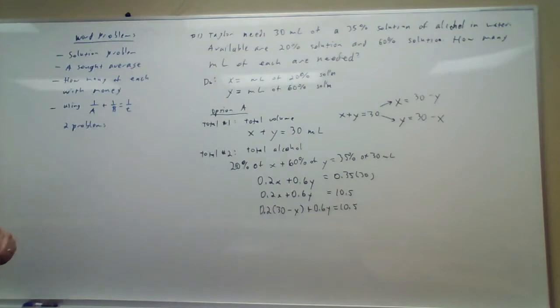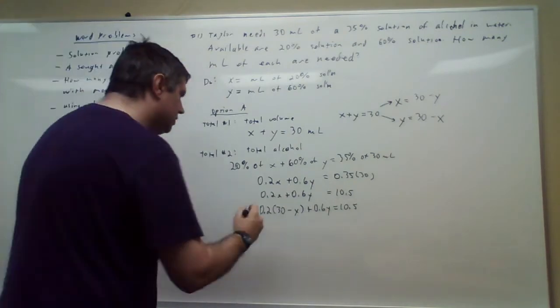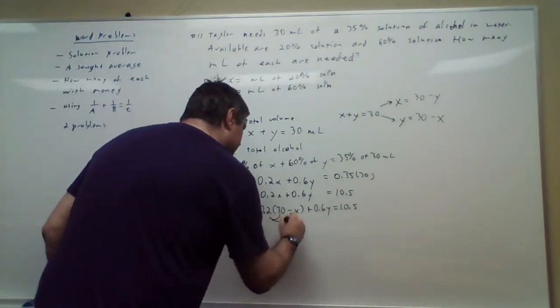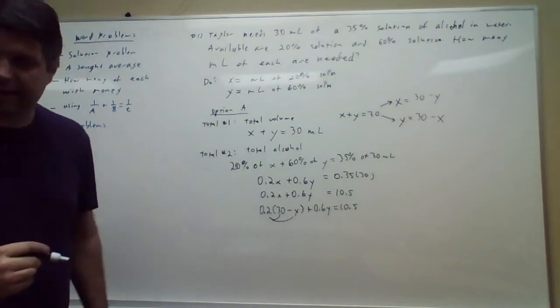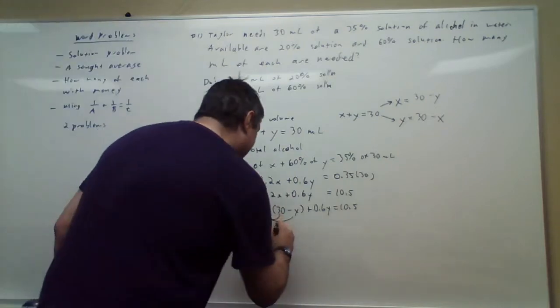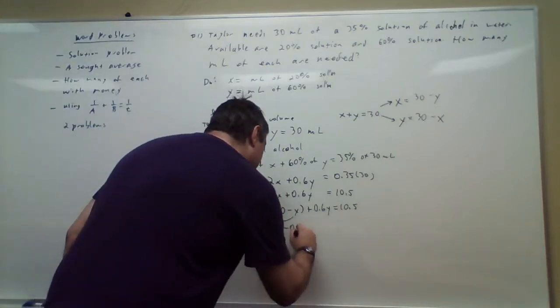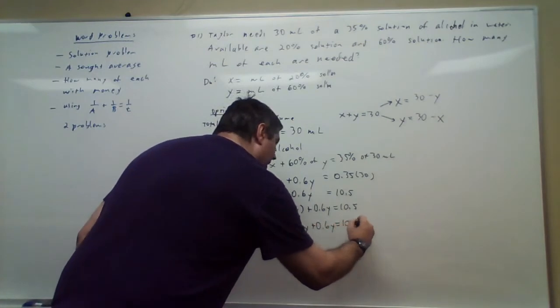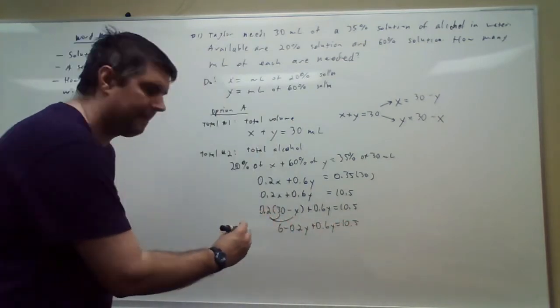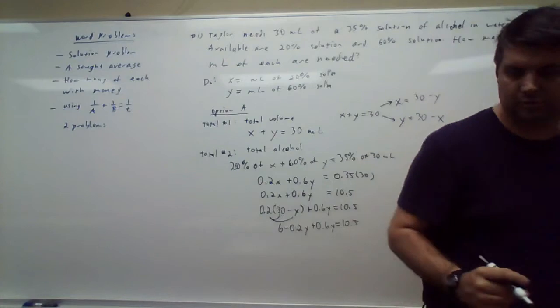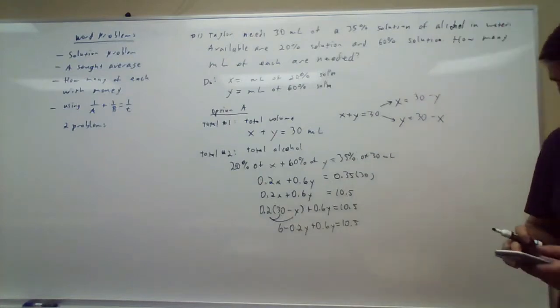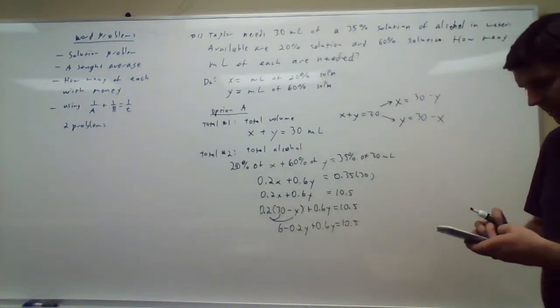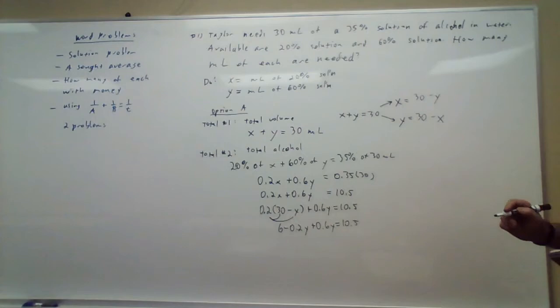Okay? Distribute. And that gives me 6 minus 0.2Y plus 0.6Y equals 10.5. Okay? Let me double check that I did 0.2 times 30 correctly. I did, okay. Good.